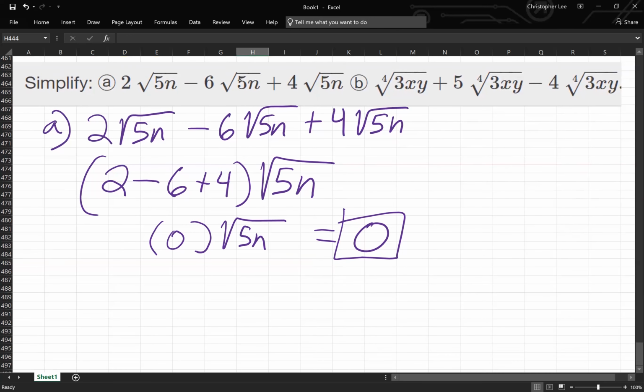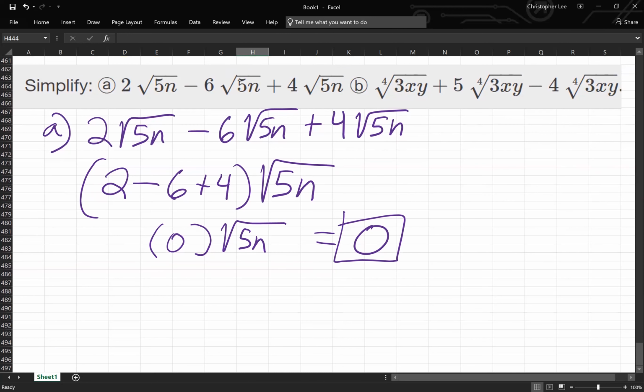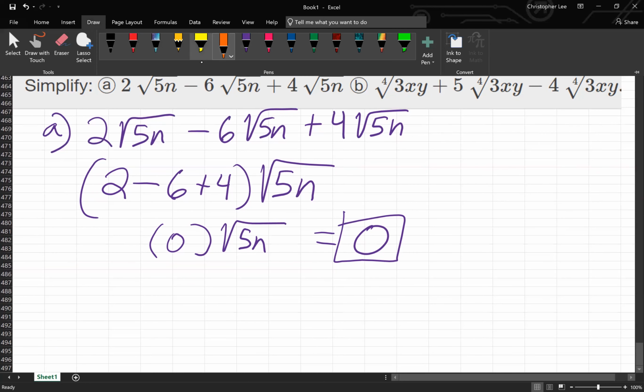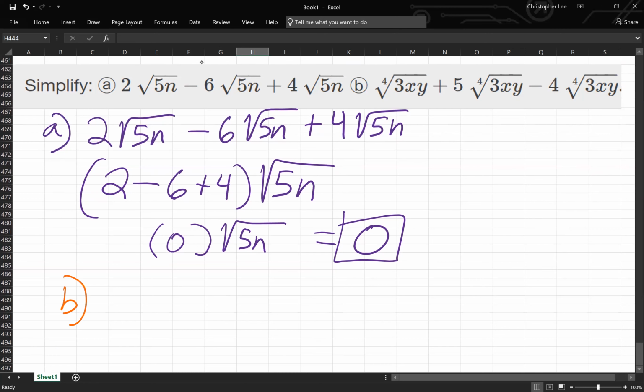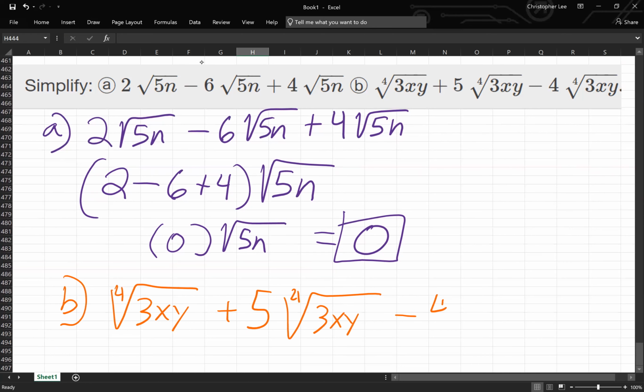Let's take a look at B though. B looks like it might be crazy. So for B, I have the fourth root of 3xy plus 5 times the fourth root of 3xy minus 4 times the fourth root of 3xy. Now I notice that they all have the same index.